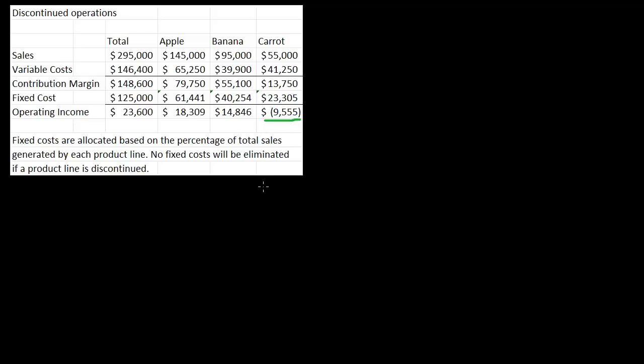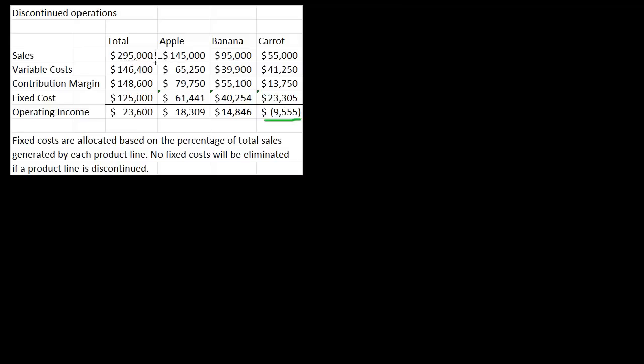Now, I know that there are a lot of numbers on the screen. However, this is a very easy problem once you understand how to do them. This problem says fixed costs are allocated based on the percentage of total sales generated by each product line. So what management does is they take 145,000 divided by 295,000.